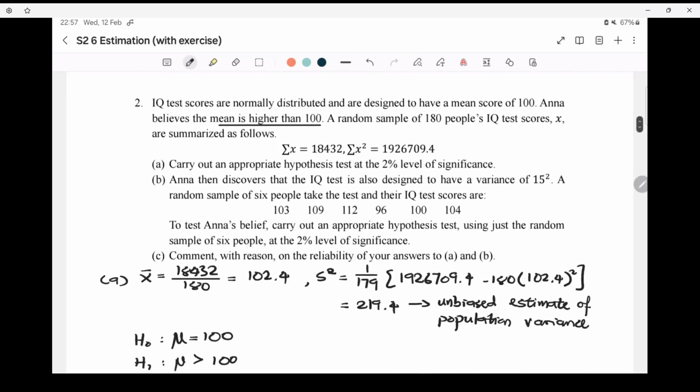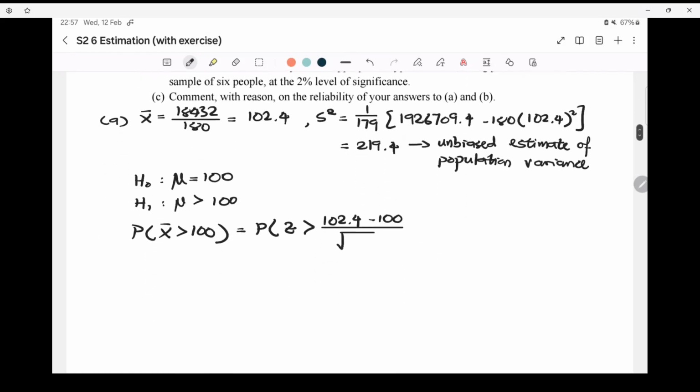So S squared is the estimate of population variance. That's why over here you should use 219.4 divided by the number of your sample, which is 180. So once you calculate this whole thing out, you find that your Z score is 2.174.